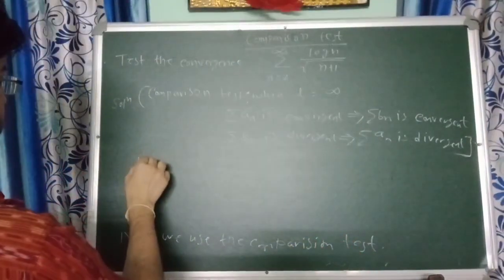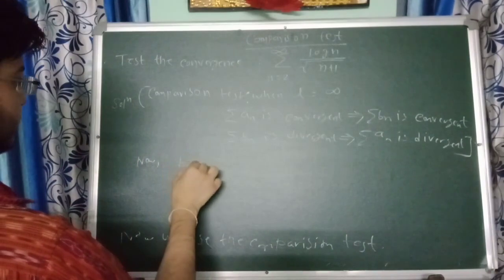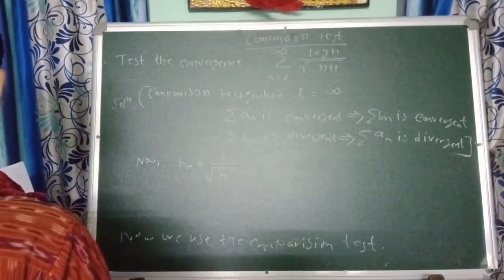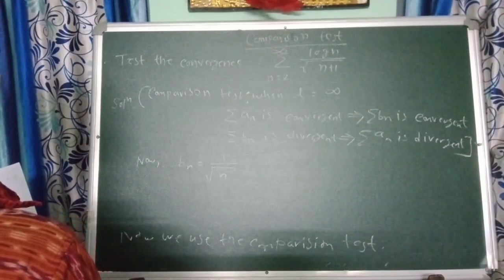Now here we consider b_n as 1 by square root of n.